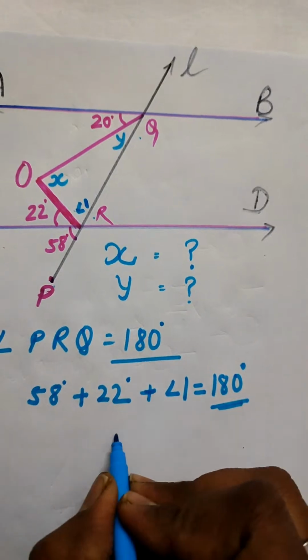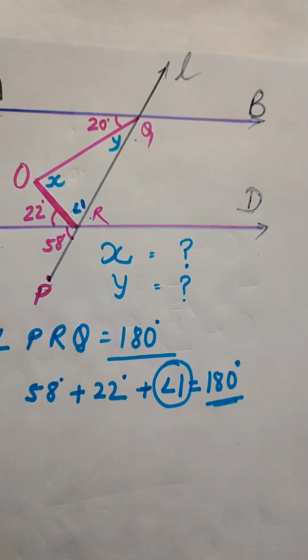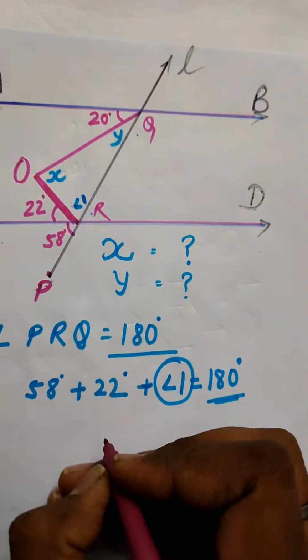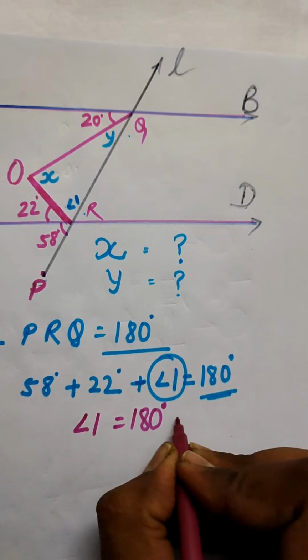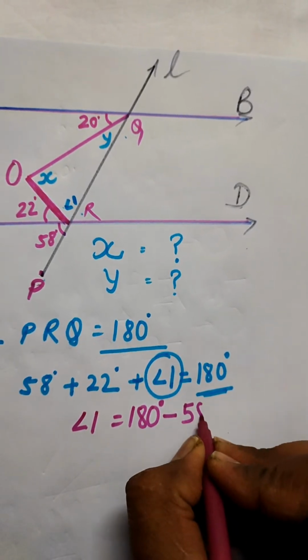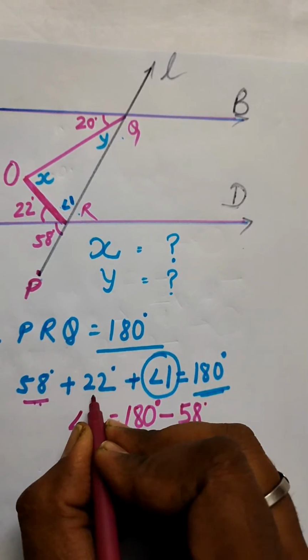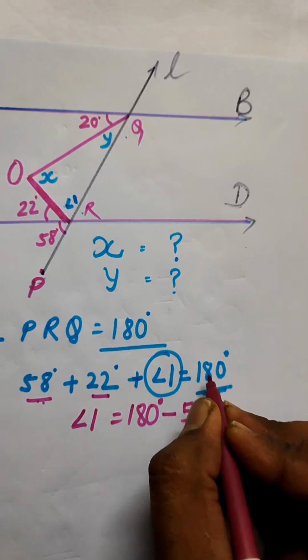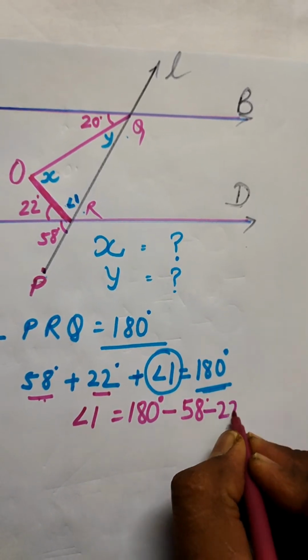So in this way we are able to calculate the value of angle 1, because angle 1 is equal to 180 degrees minus 58, because this 58 is coming from LHS to RHS, and this 22 will also come from LHS to RHS, so minus 22.